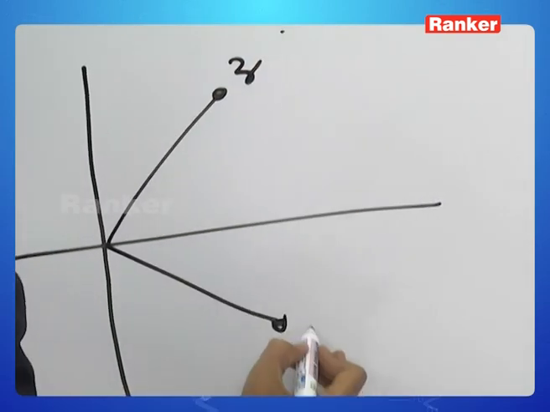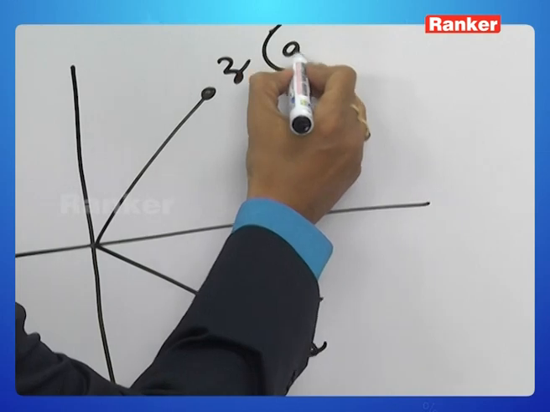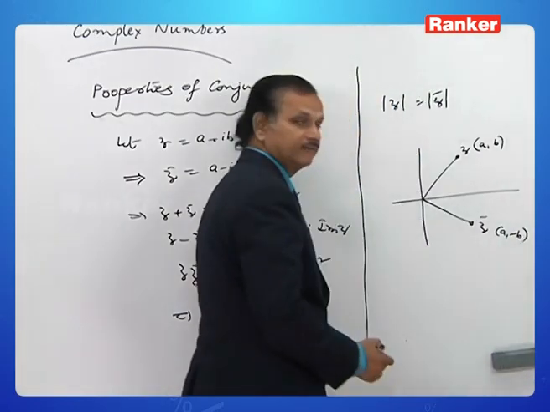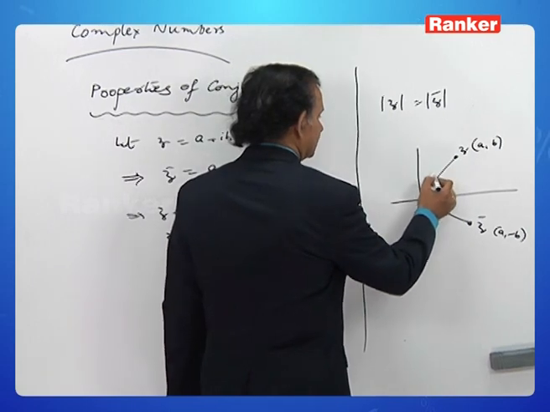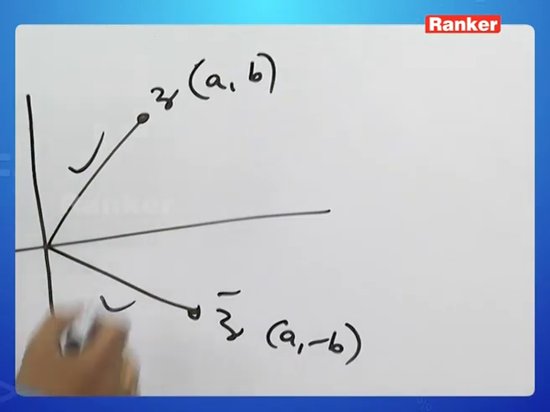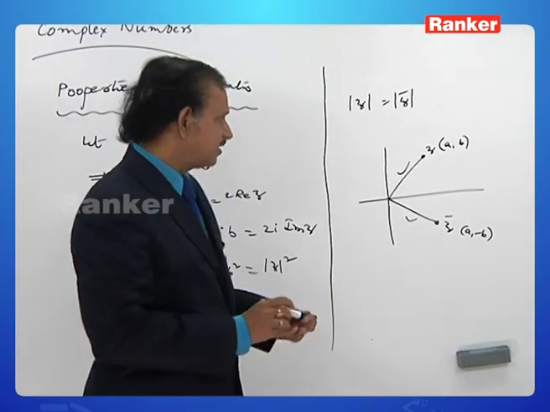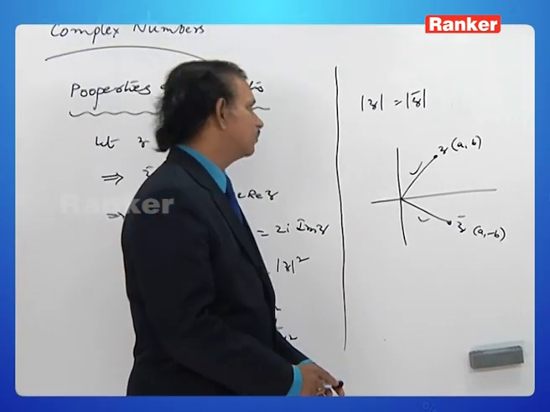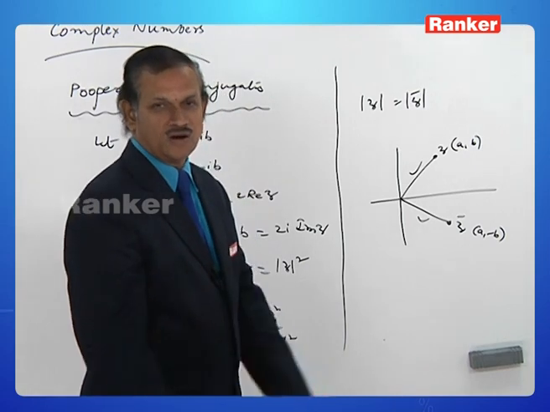If this is Z, automatically this is Z bar. So this distance is equal to this distance, that is, mod Z is equal to mod Z bar, equal to root of A square plus B square.